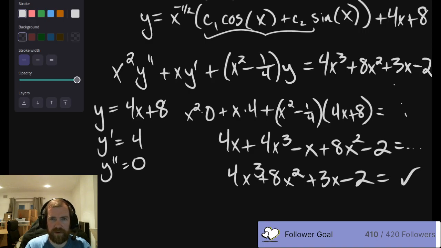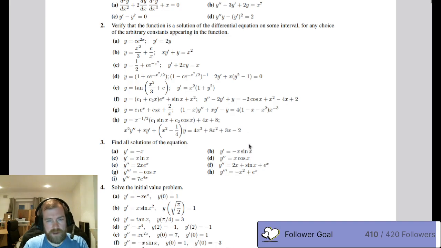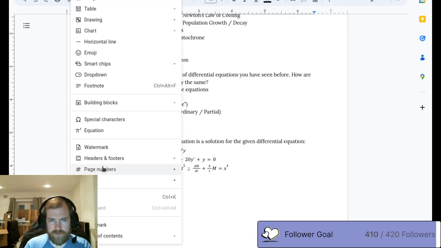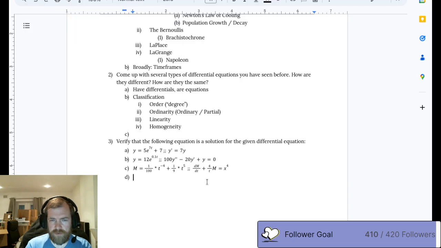Okay, so in here, this is going to be the differential equation. Nope, the solution that we get.